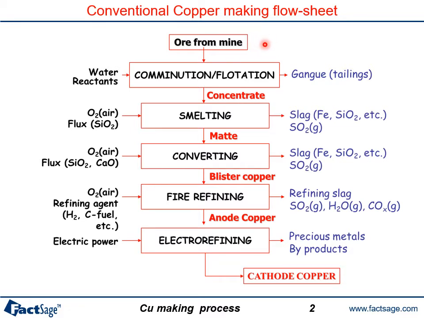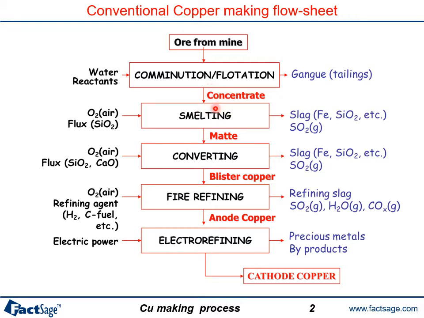of the gangue simultaneously. So we have to collect the more copper-rich mineral through the so-called flotation technique. And by using this kind of technique, we can make a copper-rich concentrate, and this concentrate goes to the smelting process.